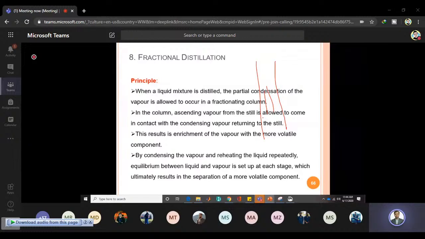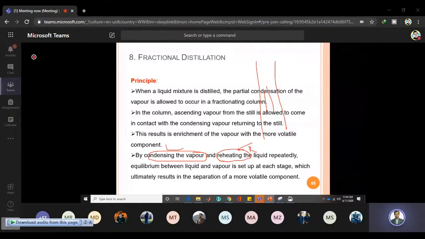This results in enrichment of vapor in the more volatile component. This is why we purify or enrich components by condensing the vapor and reheating the liquid repeatedly. I already mentioned that we do two things in the fractionating column: we condense and we reheat. For condensing, we use condensers. For reheating, we use reboilers.